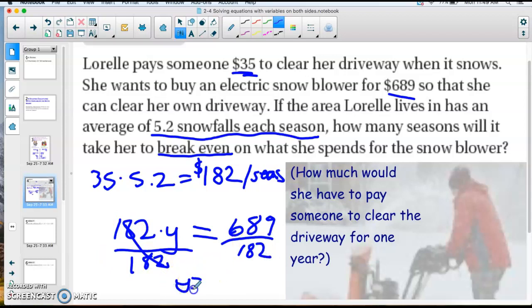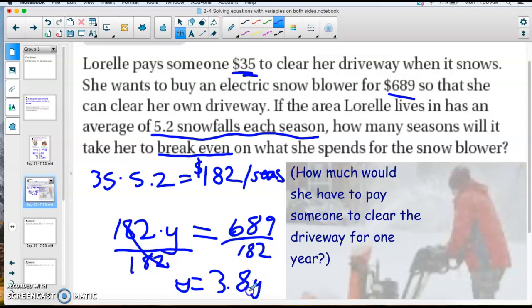Okay, and so again, calculators, unless you want to challenge yourself with some awful mental math. 689 divided by 182. Hopefully you got 3 point, let's round to the tenths, so we'll go 3.8.